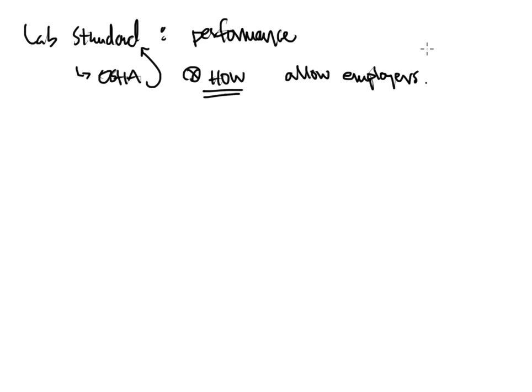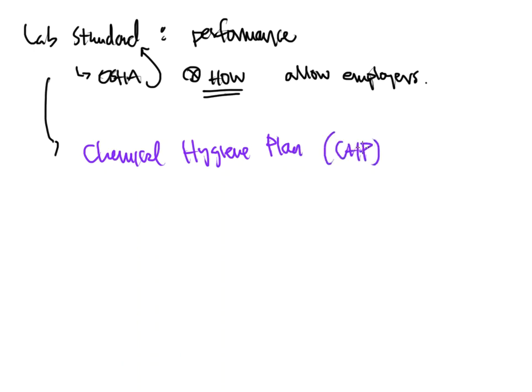So what's one thing that's included in this lab standard that we're going to be talking about in this module? And this is called a chemical hygiene plan. This is a perfect example where OSHA provides regulations, but not how to do them. So a chemical hygiene plan, a CHP, is basically a safety plan. OSHA requires it of any laboratory.